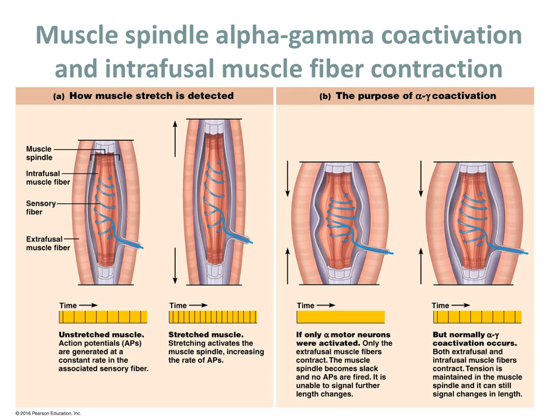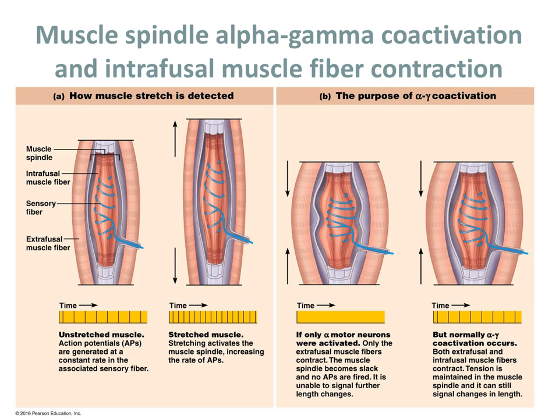If they contracted without the muscle spindle shortening, we would have a lack of action potentials due to the floppiness of the muscle spindle. However, if the gamma motor neuron, which innervates the intrafusal fibers, is stimulated at the same time as the alpha motor neuron, the muscle spindle maintains tension, and the muscle spindle can still signal changes in length.